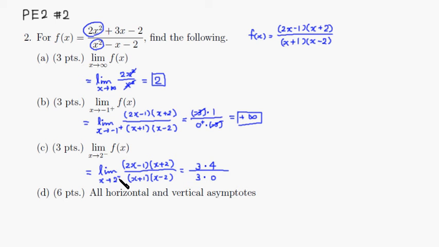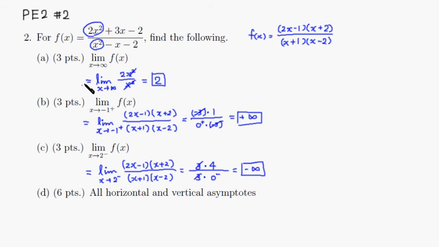But since x is approaching 2 from the negative side, x minus 2 approaches 0 from the negative side. Cancel the 3's. A non-zero number divided by 0 is going to become huge. A positive number divided by a negative number is negative, so it's negative infinity.